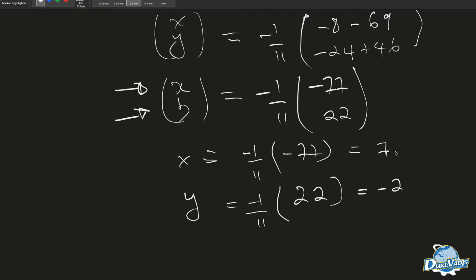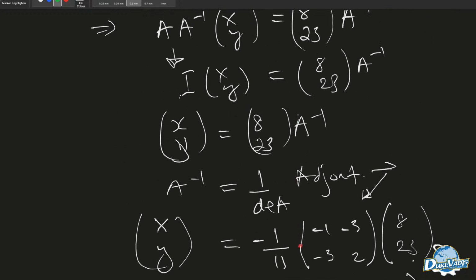Fantastic. So you see, here again, the values of x and y are the same as we got with the two methods, the elimination method and the substitution method, and now we are getting the same for our matrix method.